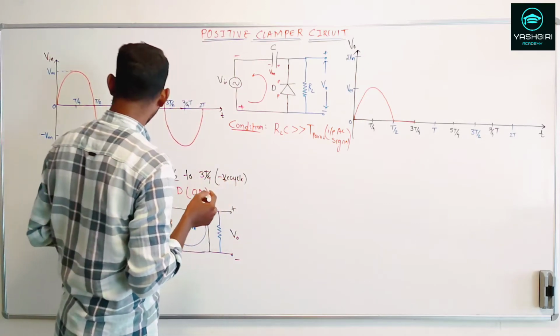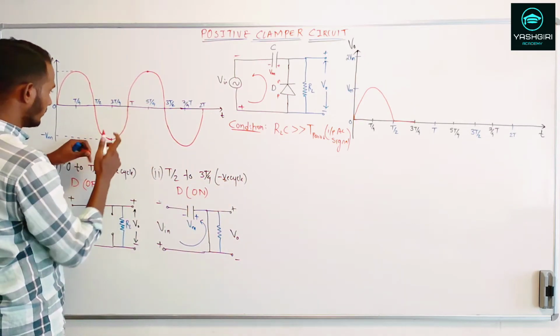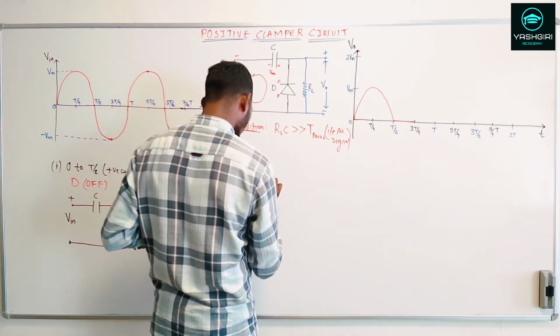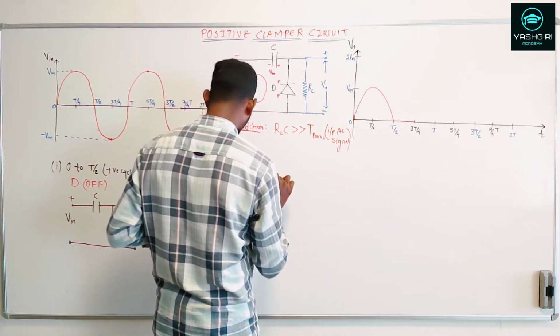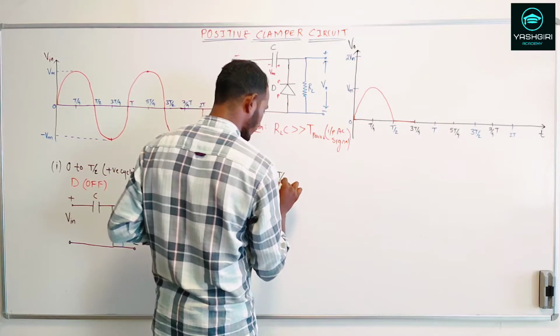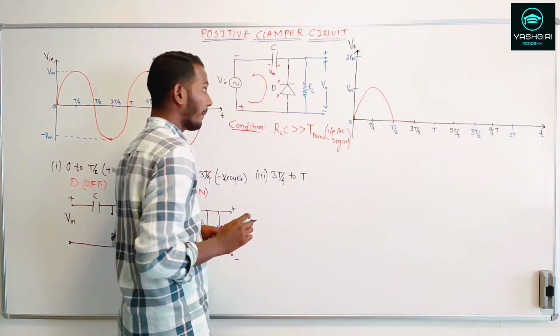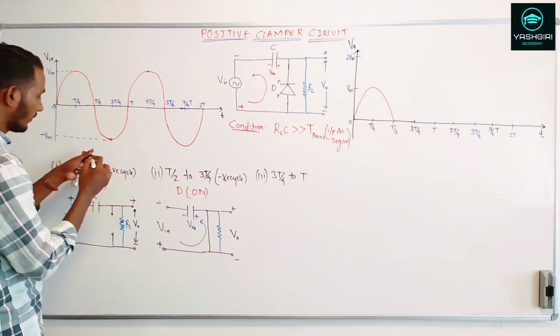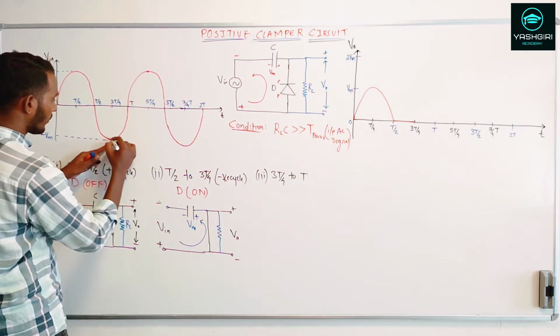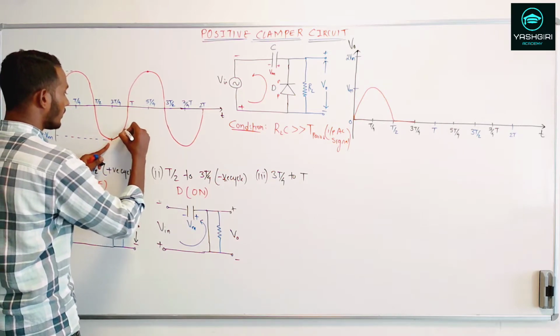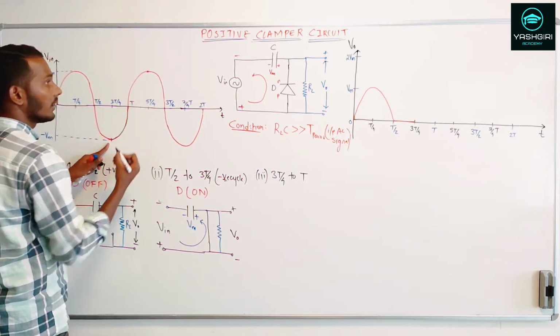Now once it crosses this region from 3T by 4, that's the third region, from 3T by 4 to T, what happens is that if you just focus on this region, let me shade this with the black, okay.